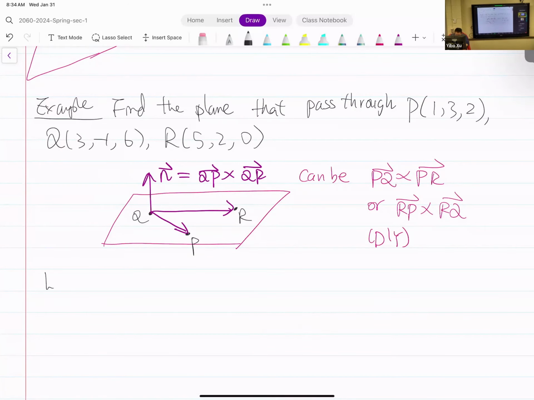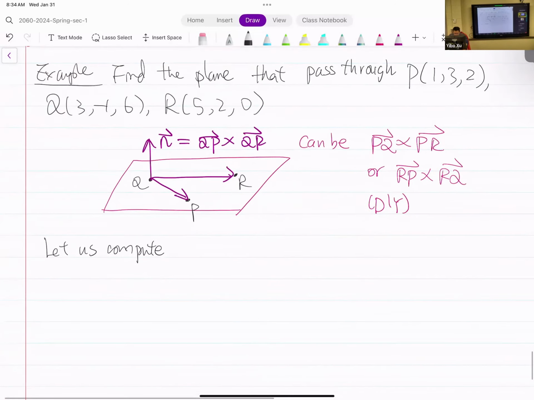Okay, so let us compute. Actually, any choice would be good as long as you're not crossing the vector with itself. So let's just say PQ cross PR.